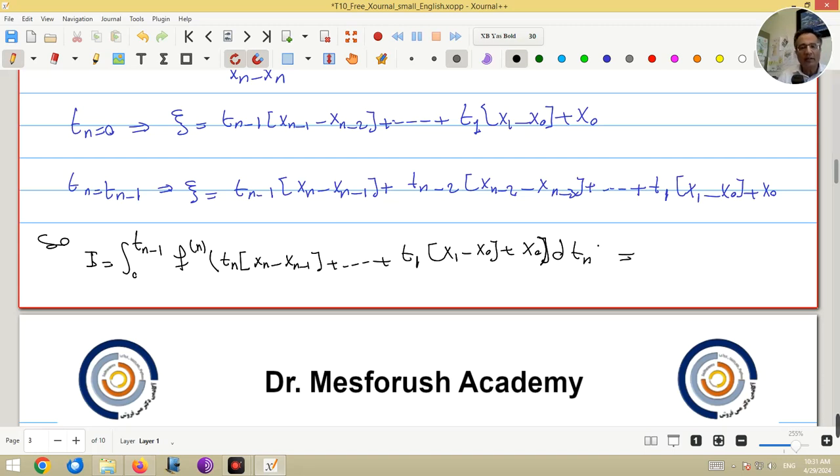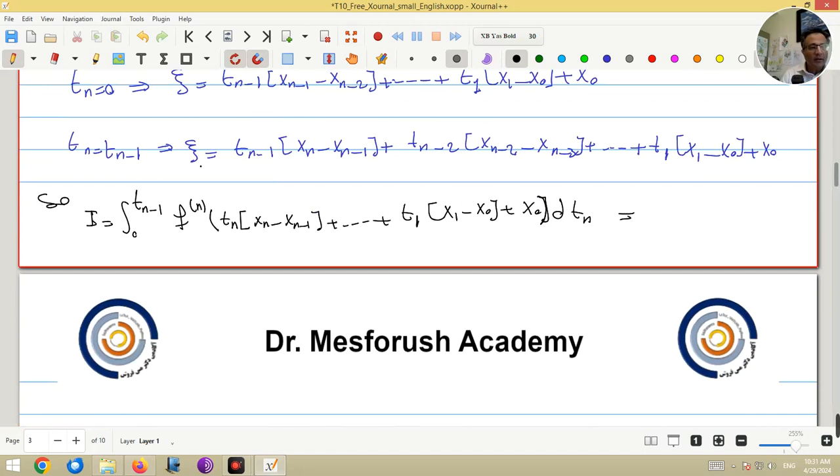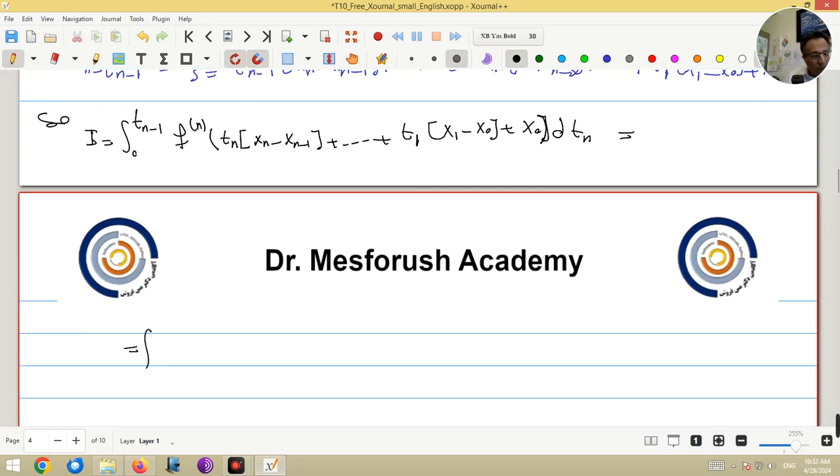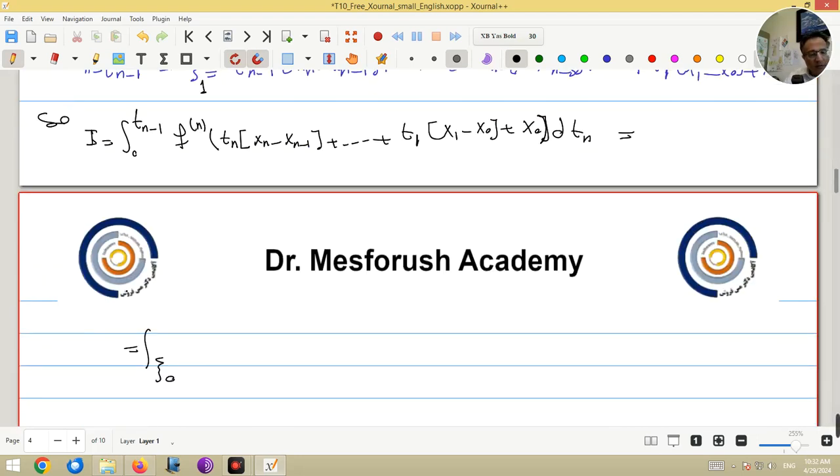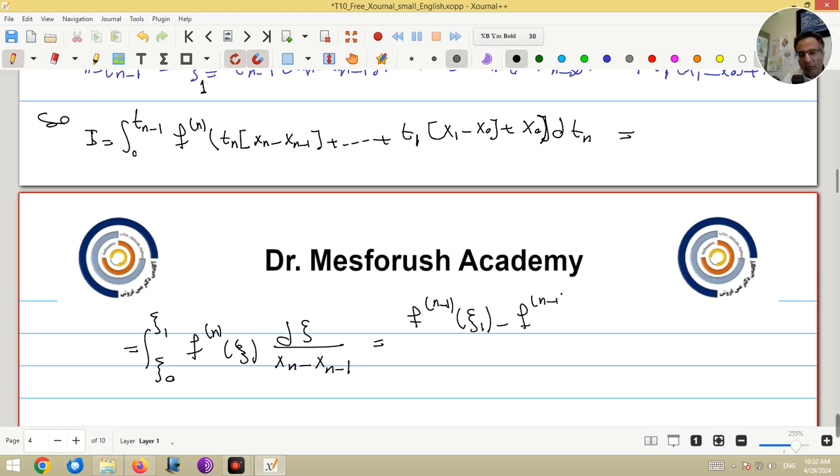I put dTn from here and do the change of variable and change the bounds, to get the integral from xi 0 to xi 1 of the derivative of order n at xi, d xi over xn minus 1, and it will be fn minus 1 at xi1 minus fn minus 1 at xi0 over xn minus 1. Okay?